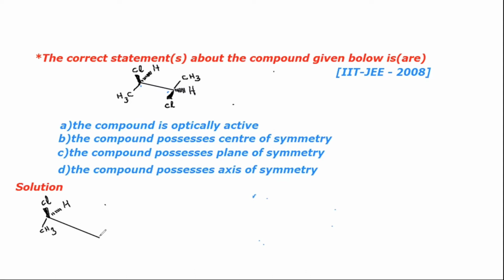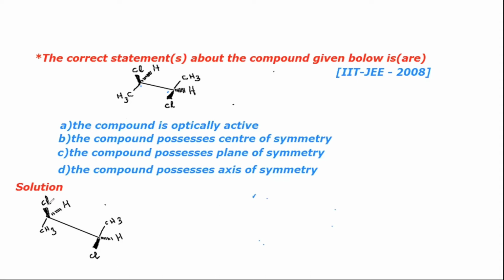Similarly, on another carbon, here Cl is represented with the wedge line, hydrogen with the dash line, and methyl with a normal line. Now we are going to give RS notations to the two chiral carbons present in the given formula.